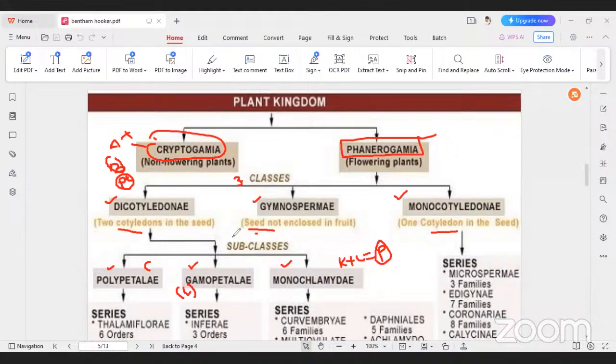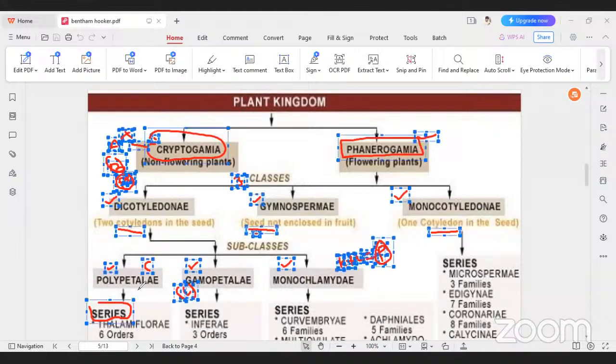These subclasses are divided into series. For example, Thalamiflorae is one of the series.